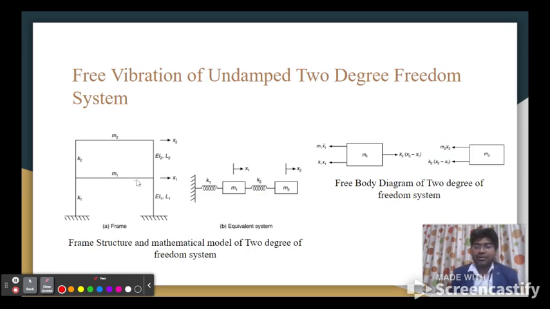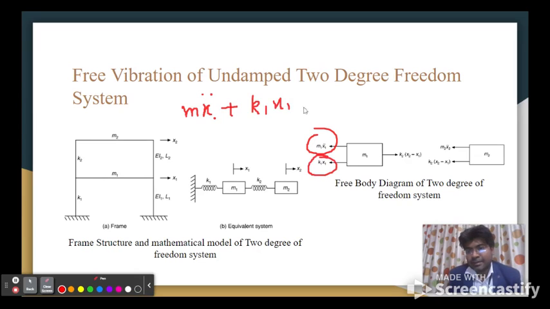Now we are going to make the governing equations. For the first mass: m1 x1 double dot plus k1 x1 minus k2 times x2 minus x1 equals 0.